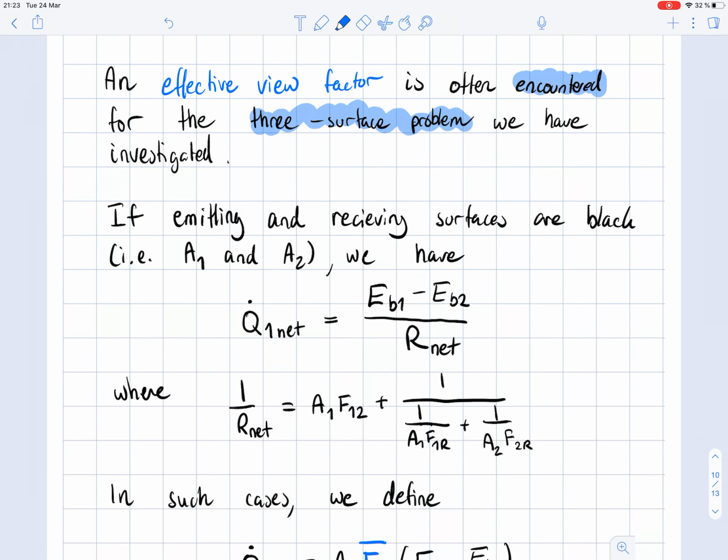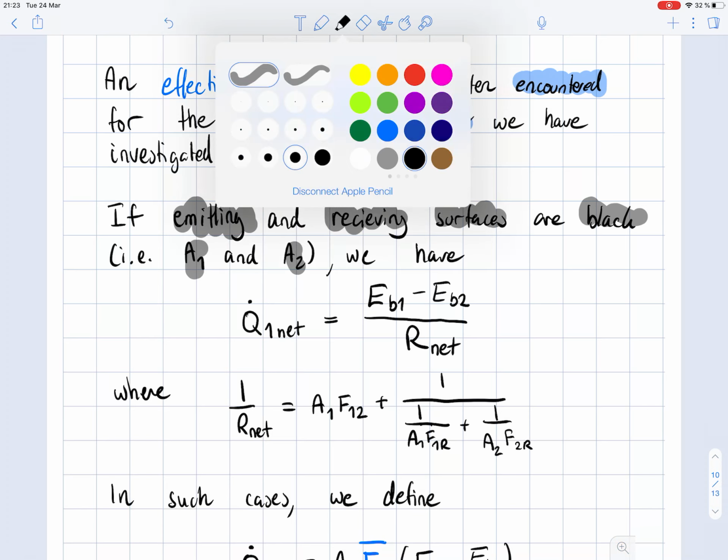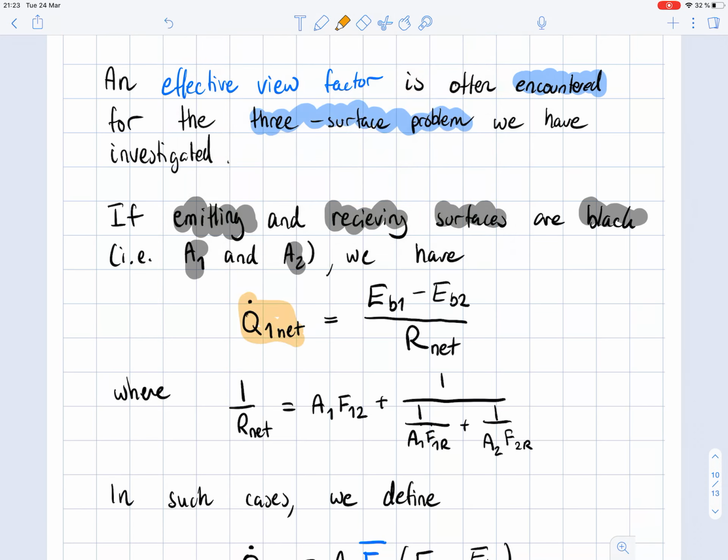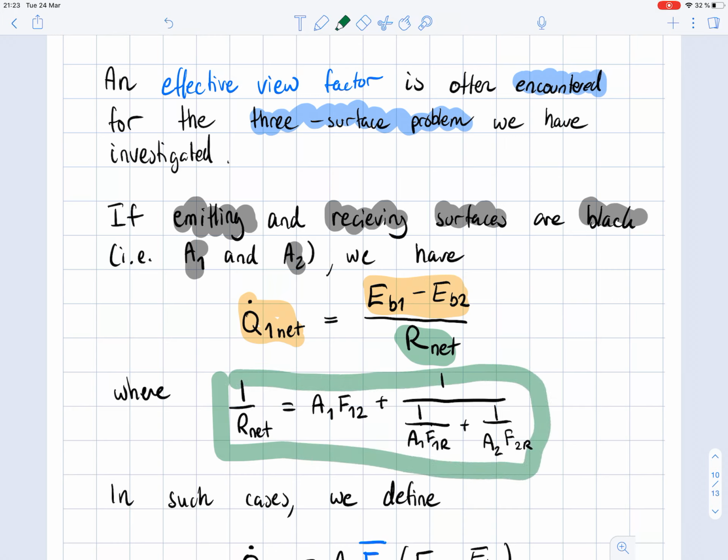So if we assume, again, black surfaces, so the emitting and the receiving surface are black, so A1 and A2, we have a Q1 net equal to the difference in the emitted power divided by this R net, which is a geometrical factor, defined as here. 1 over R net equals A1 F12 plus 1 over these specific resistances.